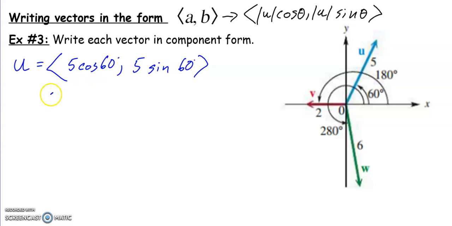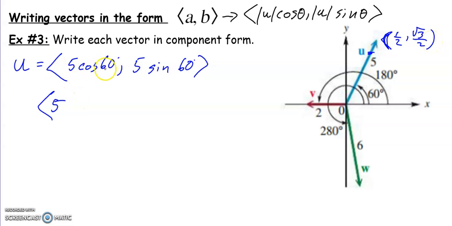So let's find out what cosine 60 is. Well, on my unit circle, the point is 1/2, radical 3 over 2.